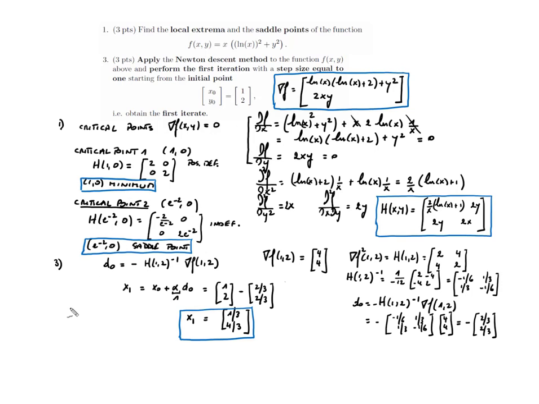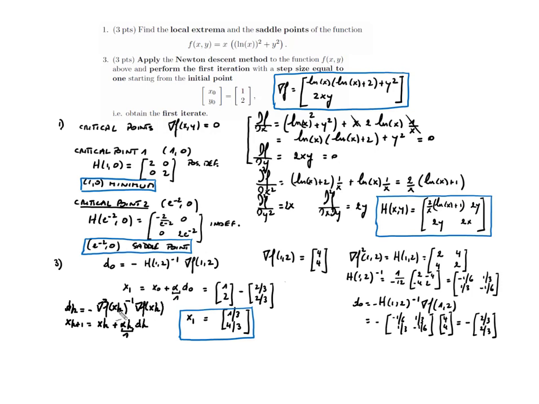Remember that Newton's method, well, you have a descent direction that is minus the Hessian at the point you have arrived at, inverse, and then times the gradient at that same iteration, and then the update equation is x_{k+1} is equal to x_k plus alpha_k d_k, and in our case here alpha_k is equal to 1, right? So we should use this, but at the very beginning.